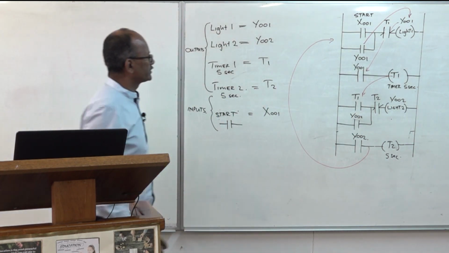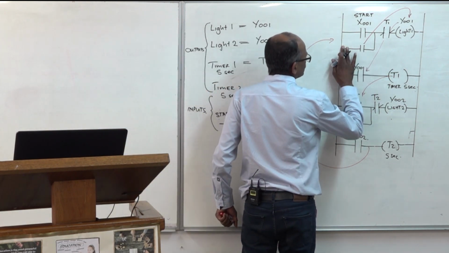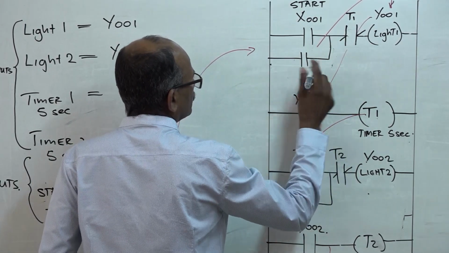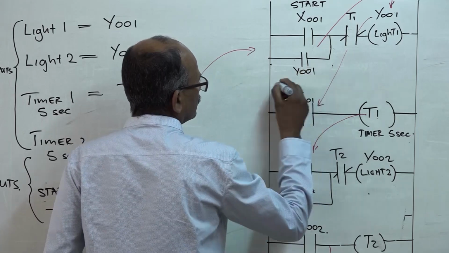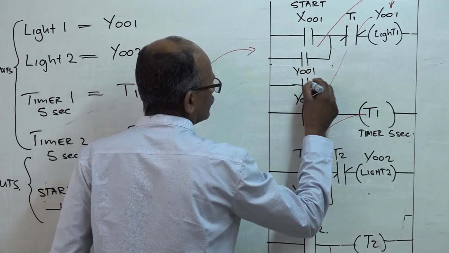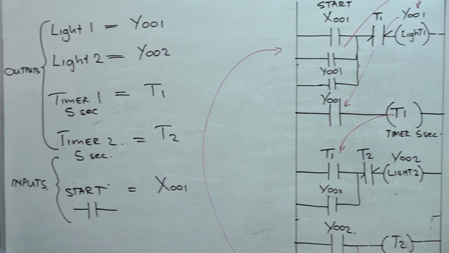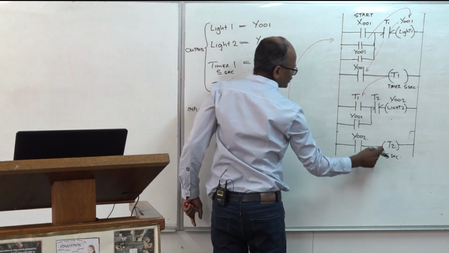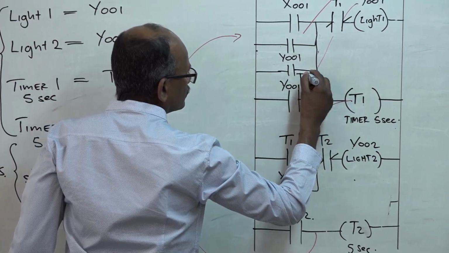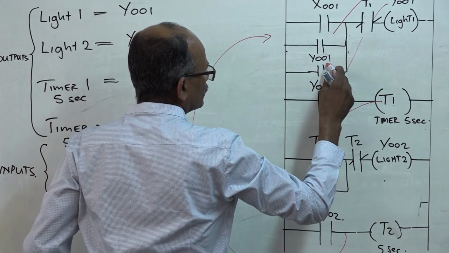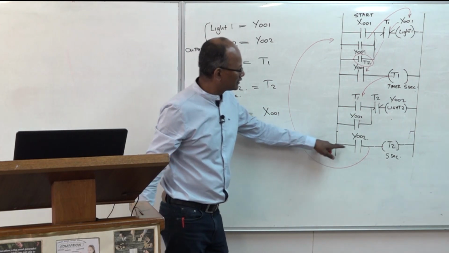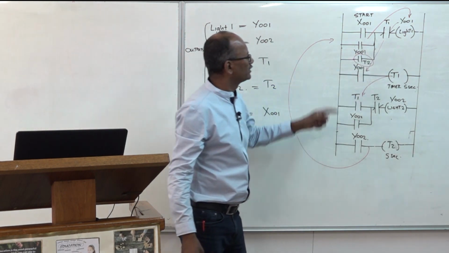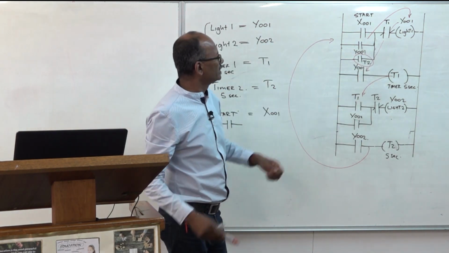So I'm just going to create some space, and this switch can also switch that light on. What would be the address of this switch? It would be T2. So after 5 seconds, this timer energizes, it now closes this, and it can switch on light 1 again, and the process will continue indefinitely.